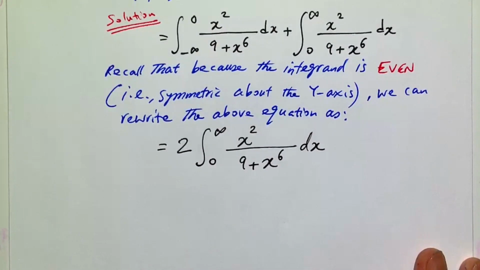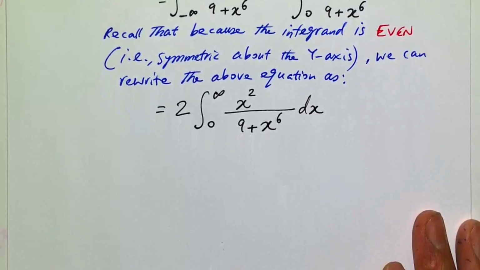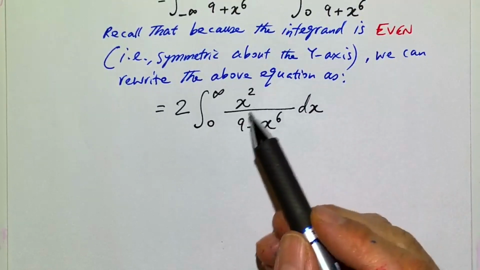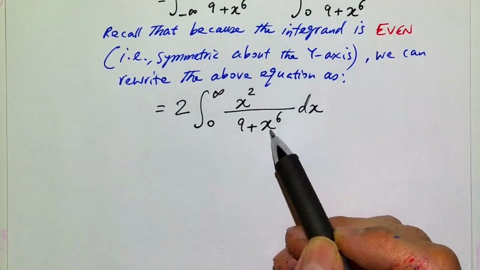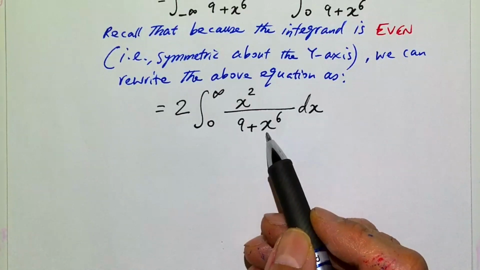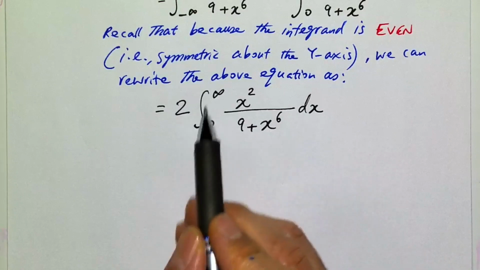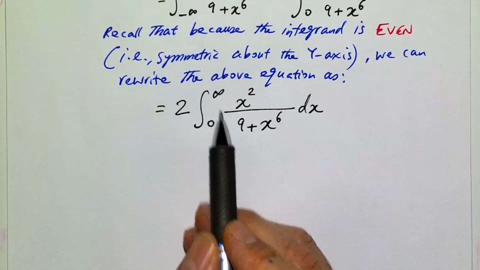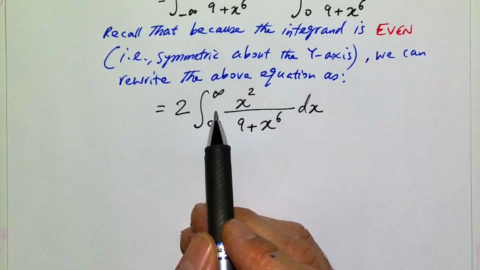All right, so looking at x squared and x to the 6th, notice that this is the improper integral, so for sure we'll have to take the limit of this at some point.